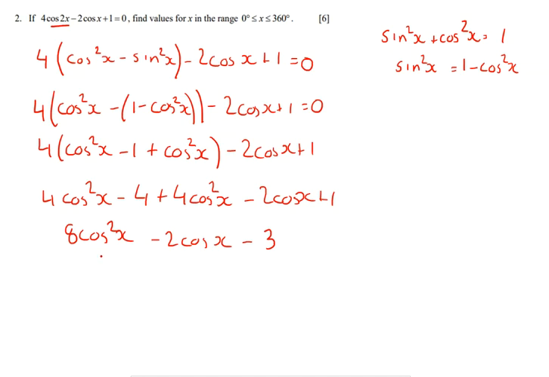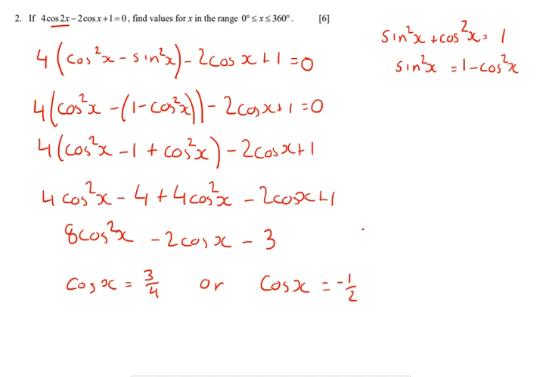So now we need to factorize this. We can either just put it into our calculator to solve, and we'll find that cos x is equal to 3/4, or cos x equals negative 1/2.